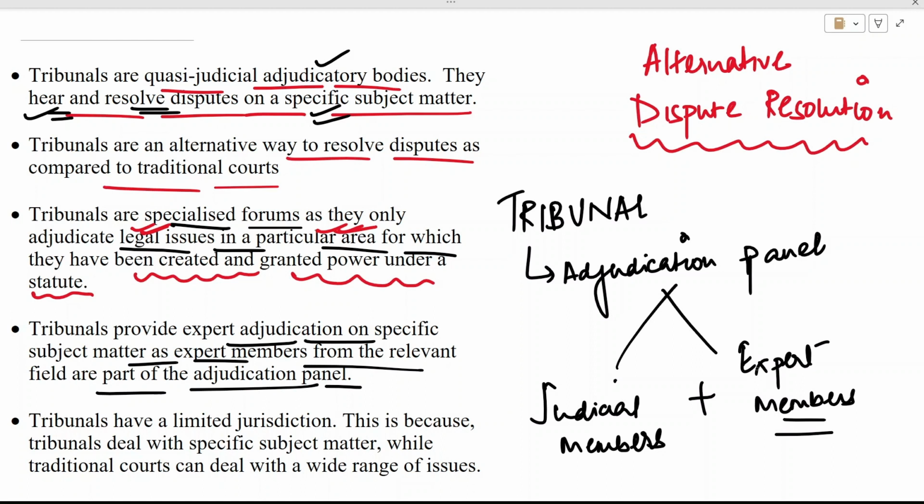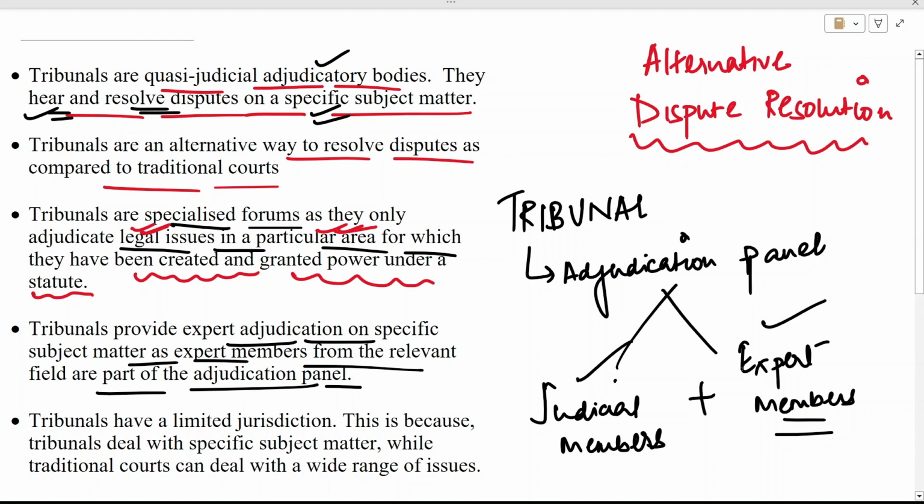In a traditional court, you only have judicial members who adjudicate a dispute, who resolve the dispute. Judges, they are judicial members. In courts, you find judges. So, judges resolve disputes in the capacity of being judicial authorities. But if you talk about the tribunals, then their adjudication panel contains judicial members as well as expert members.